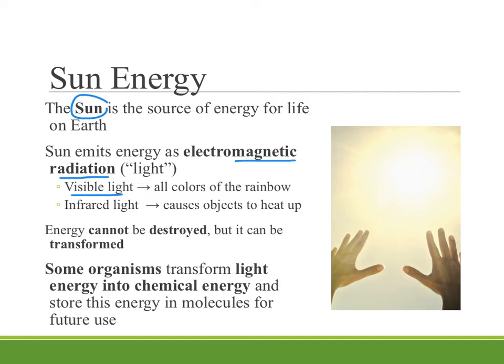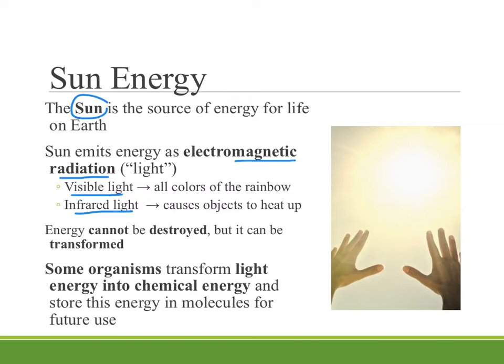Incidentally, it is one type of invisible light, infrared light, that causes objects to heat up. So the sun is not giving us heat directly because it is a burning ball of gas. It is heating us up by sending infrared light through space to Earth, which causes objects to heat up when they interact with that light.